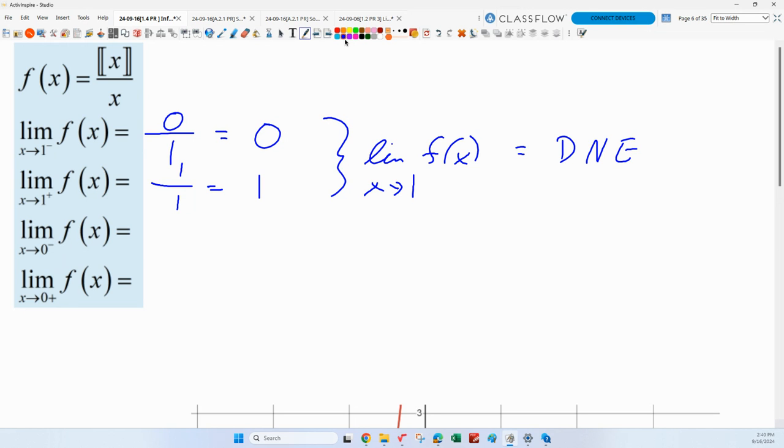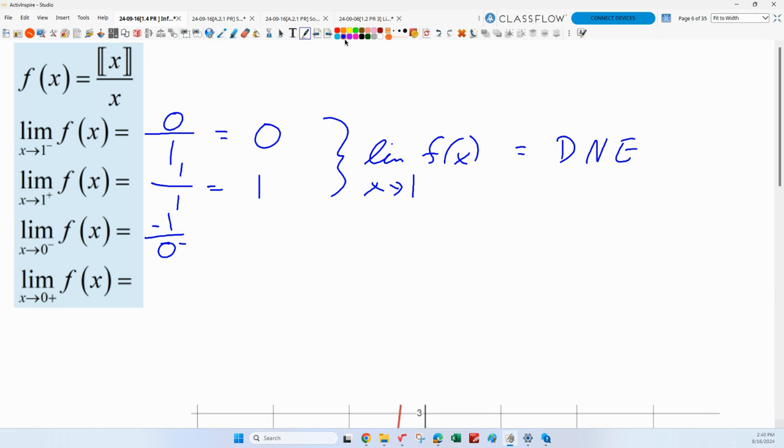Okay? Let's try for 0. What's the limit of this function as x approaches 0 minus? Okay, I get negative 1 over 0, which is undefined, right? Well, we could maybe be a little bit more specific. On the bottom, I'm getting 0 minus, aren't I?